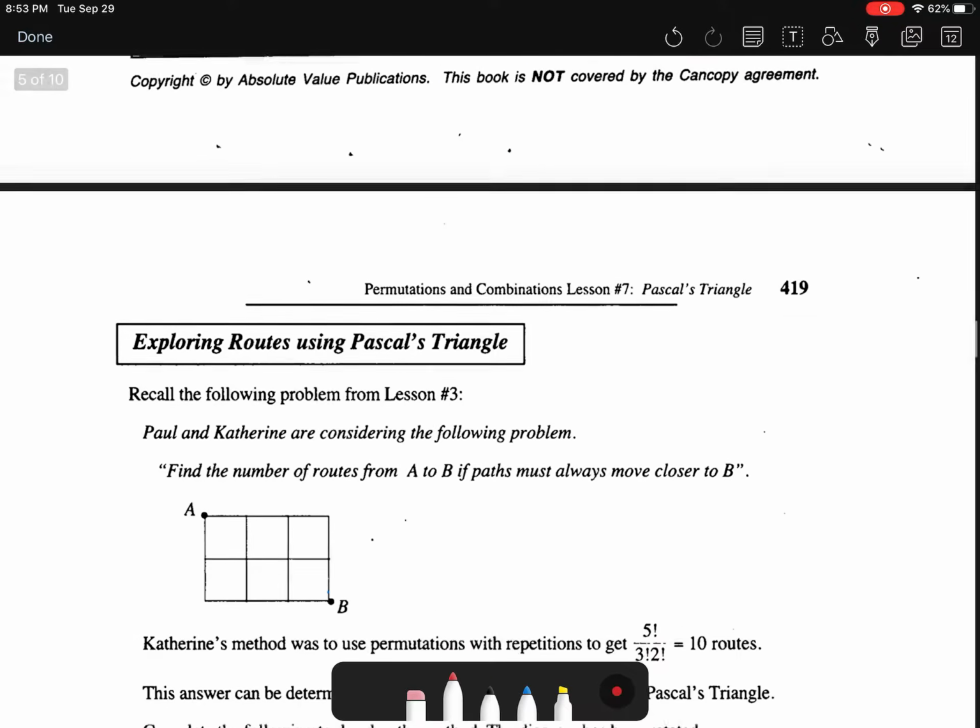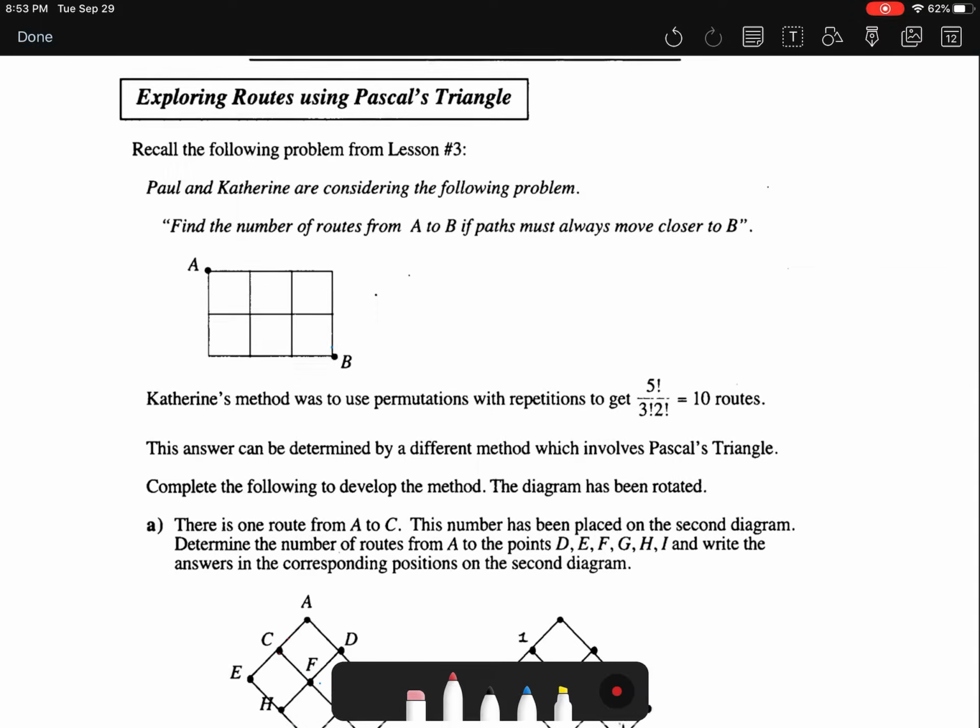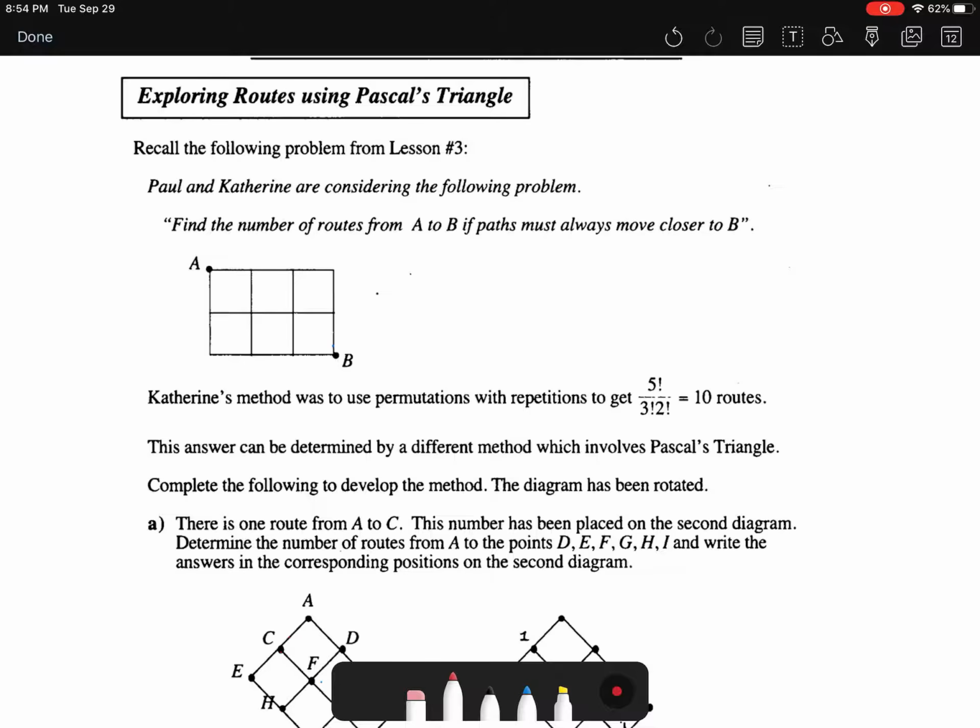What we move on to now is what we call pathway questions. We've seen these before, and we've solved them in the past using permutations with repetitions. This question says, recall the following problem from lesson 3. With these questions, I'm traveling from A to B and I always have to move closer.